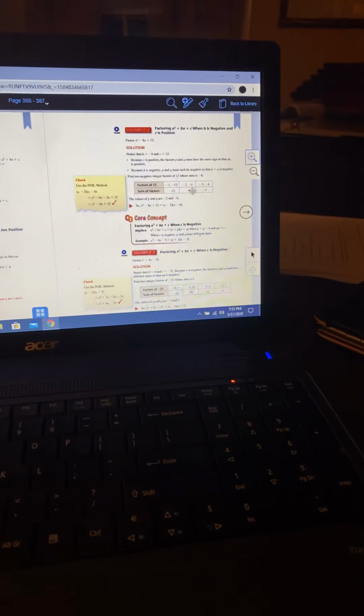Here's our zoom. Here are the various things they're talking about with factors. I've already done a lesson on this and submitted it. So 7.5, you already have your lessons and whatnot. So let's go back.